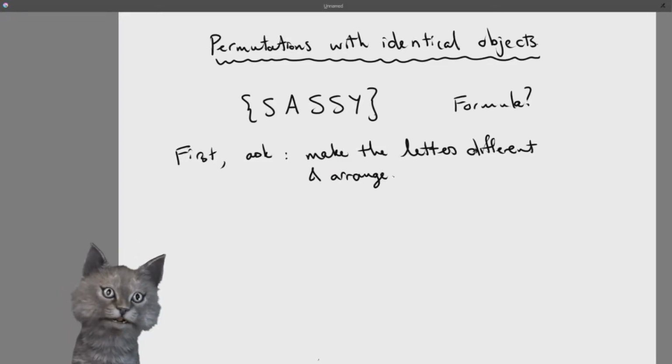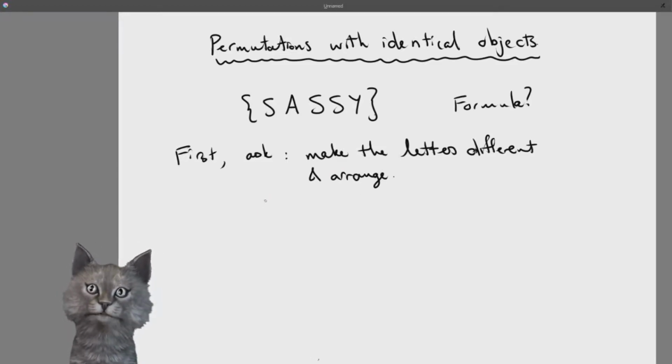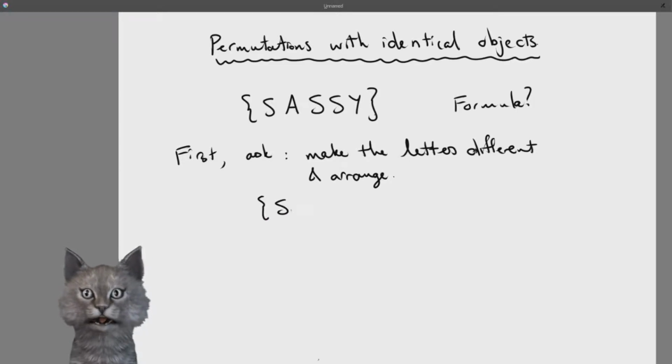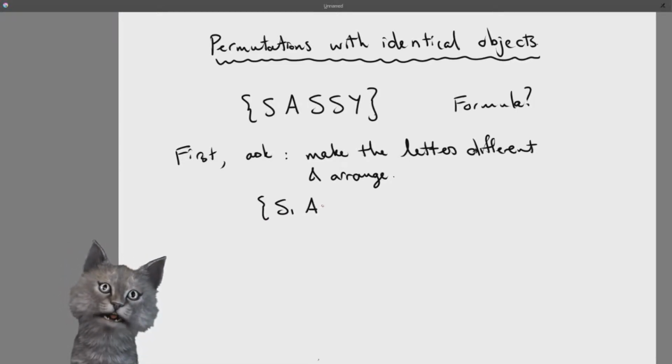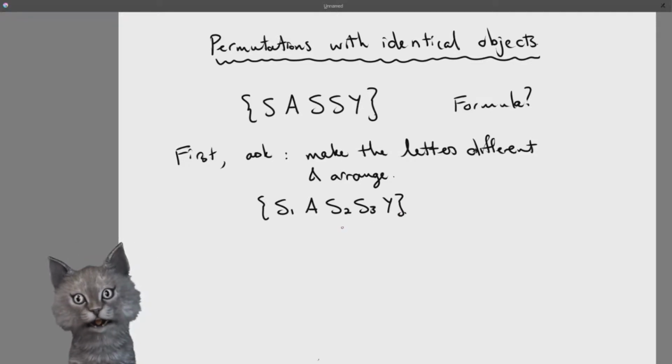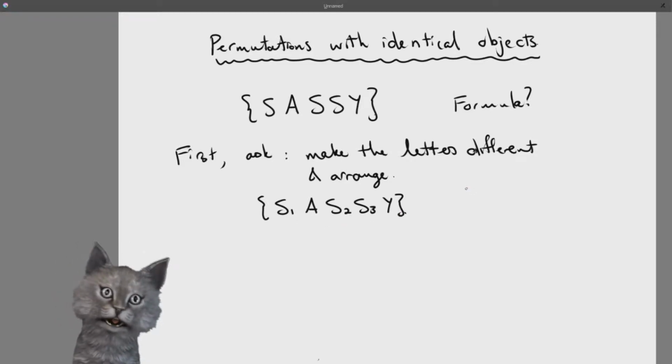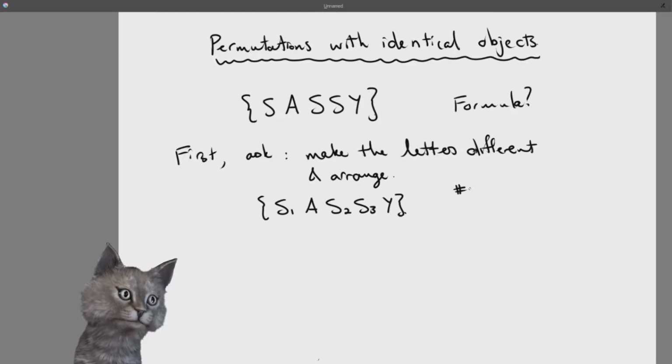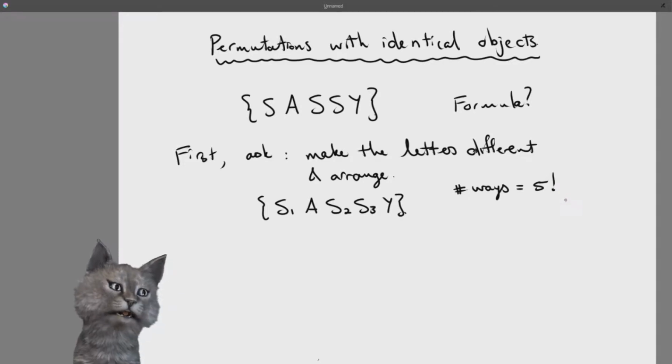Well, we know how to do that, so let's make them S1, A, nothing else looks like the A, so we're good on that. And let's call this guy S2, S3, and of course Y is pretty unique as well. We can arrange that. That's going to be the number of ways to arrange different objects. There are 5 of them, 5 factorial.